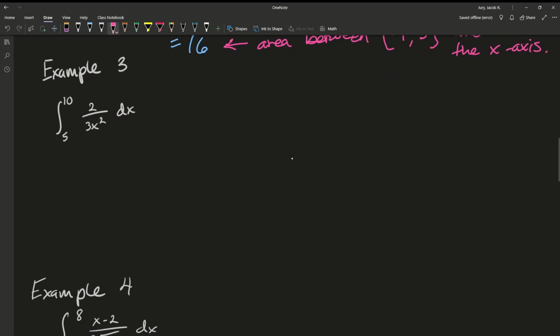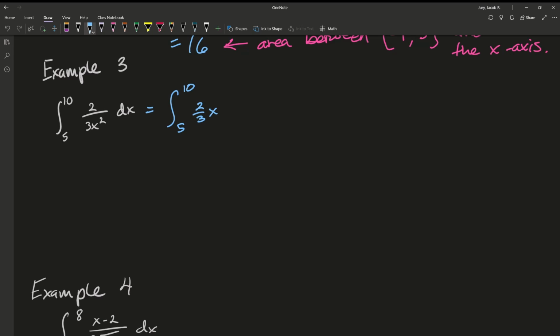Great. Okay, so here are a couple other examples I'm just going to fly through just to refresh your memory on how to integrate something that looks like this, how to rewrite the function. So first thing I have to do is rewrite this one to be a little bit nicer. So this is 2/3.